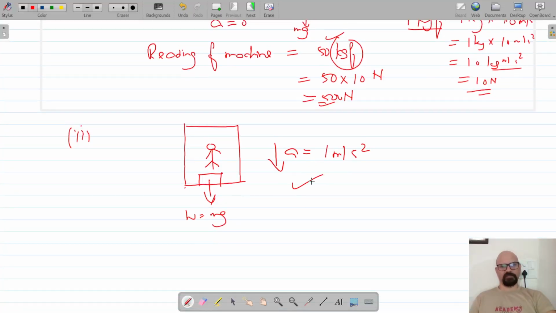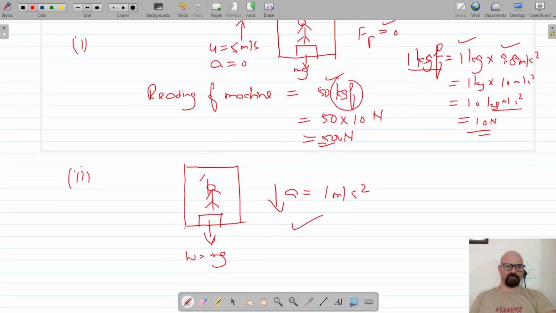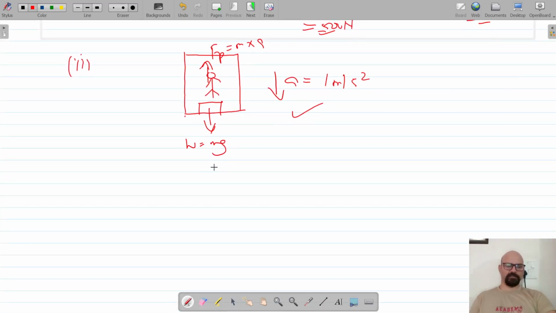Since the acceleration is downwards, the pseudo force will act upwards. So the pseudo force will be m into a, and the reading or the apparent weight of the woman in this case would be mg minus ma.